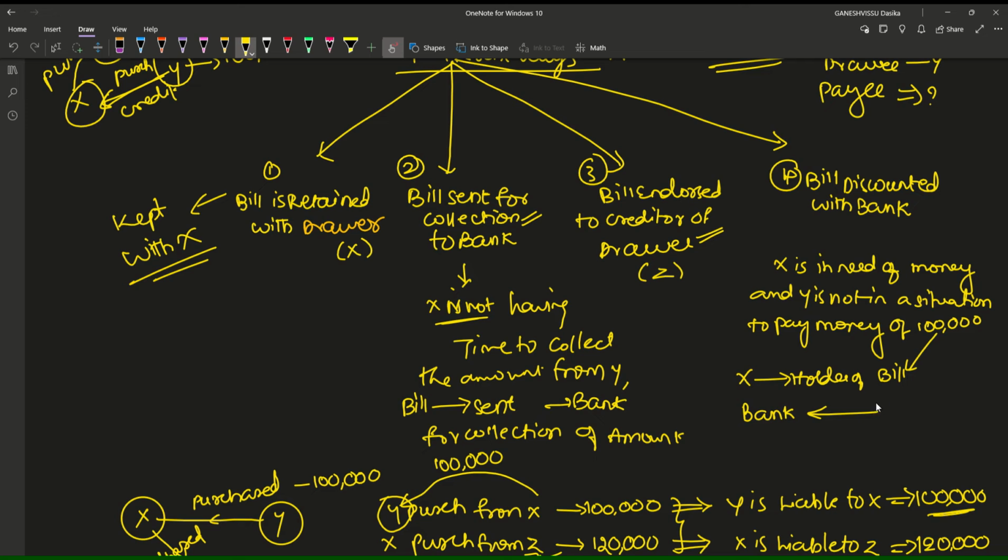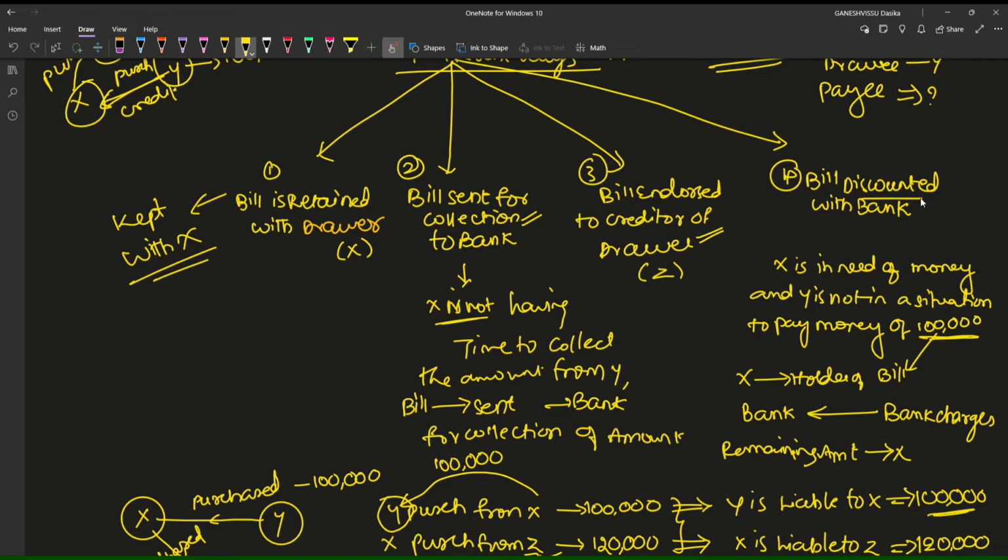As it is encashed with the bank, there may be some bank charges. After deducting the bank charges, the remaining amount would be credited to X. That means the total of 1 lakh is not sent to him.